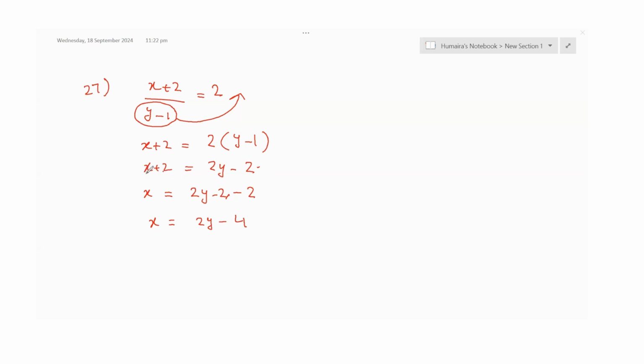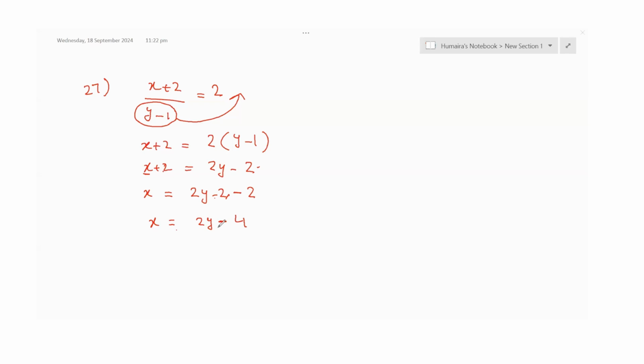What we want is just x. It means we have to eliminate this 2. When we shift this positive 2 to the other side, it will be negative 2. And then with 2y, negative means we have to add them. So it will give us 4 and we will use the negative sign in between. So we will have x is equal to 2y minus 4 as the final answer.